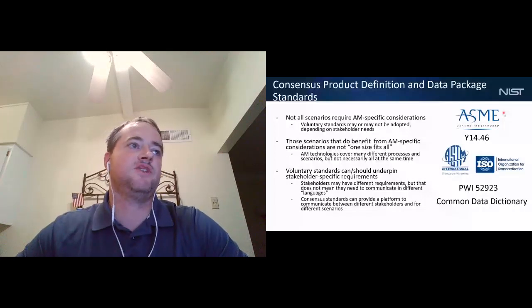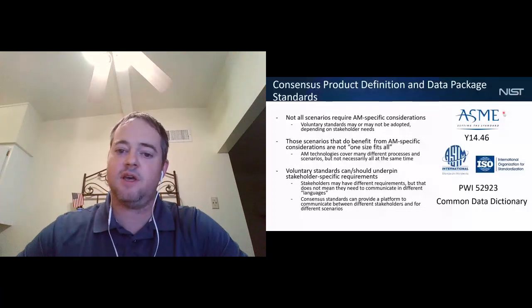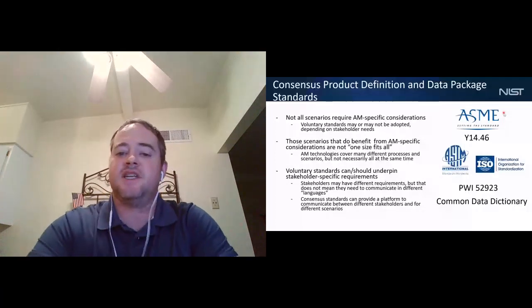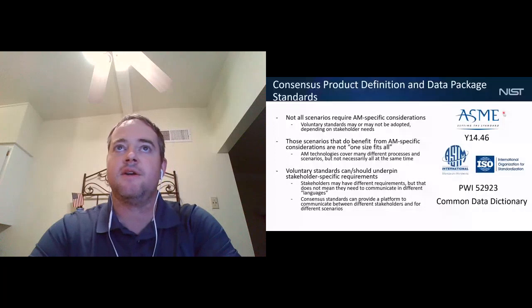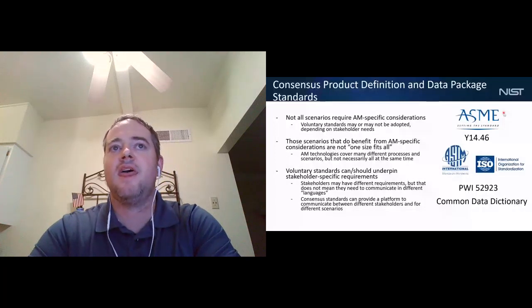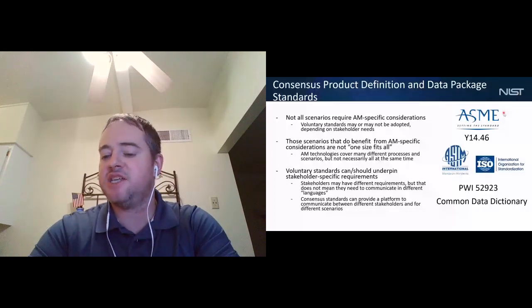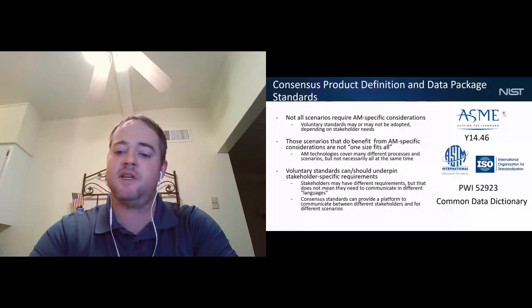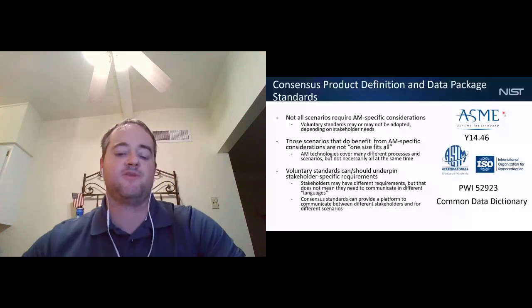Voluntary standards can and should underpin stakeholder-specific requirements. The efforts I'm going to talk about today are underway under ASME International, ASTM International, and ISO. These three efforts are all looking at standardizing different aspects of how we communicate additive manufacturing requirements between the designer, the manufacturer, and the inspector.